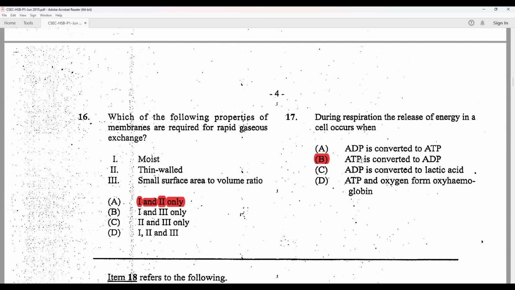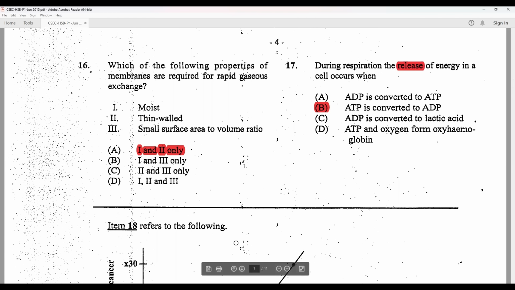So in adenosine triphosphate, when a bond is broken, the energy is used. And when you convert back from ADP, adenosine diphosphate, to ATP, you reform the bond, so you have recharged the battery. And they have asked you how to release the energy. Hence, you go from ATP, the triphosphate, to diphosphate.